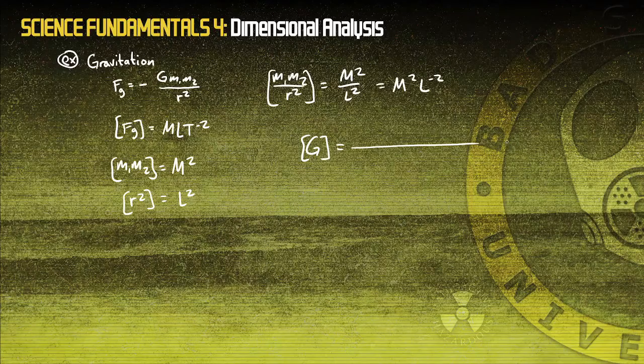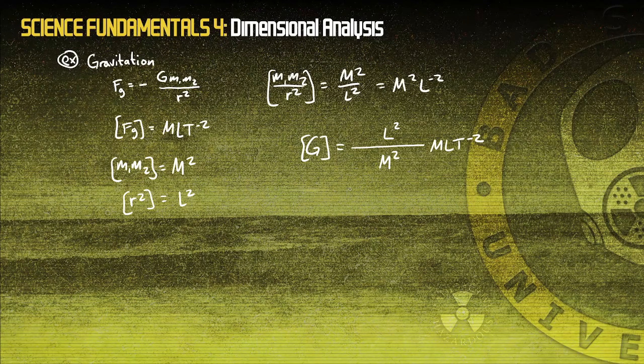So for the units of g, we're going to want to divide out the mass squared, so you have m squared in the denominator, and then divide out the l to the minus 2, so you need l squared in the numerator. And then you're just going to want to bring in the force terms, so m l t to the minus 2.